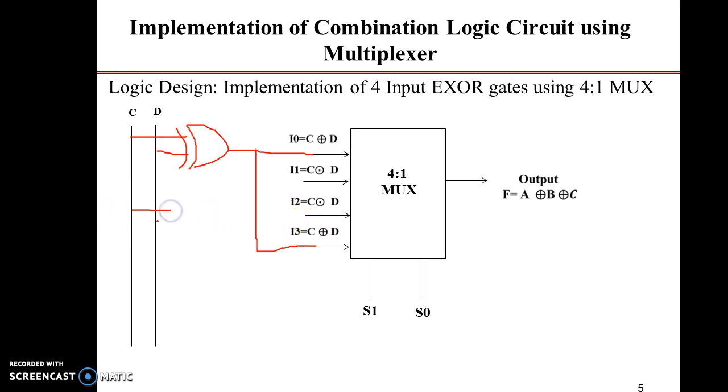Again, I can draw one logic gate, that is called XNOR, and the output of this gate will be connected to the I1 data input pin and the I2 data input pin. So in this way I can configure my 4:1 multiplexer to act as a 4 input XOR gate.